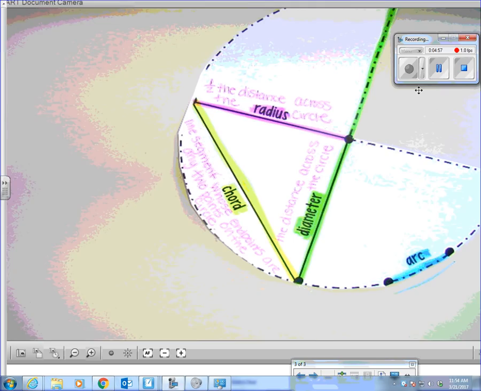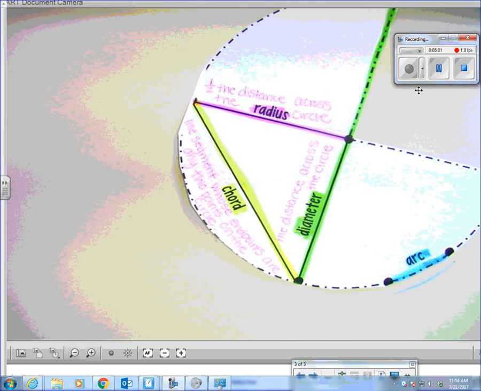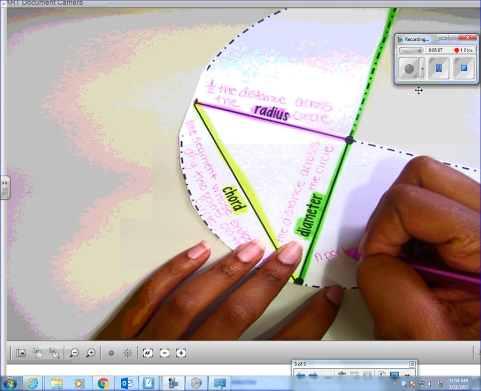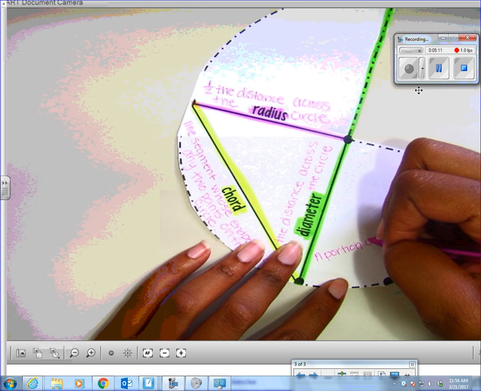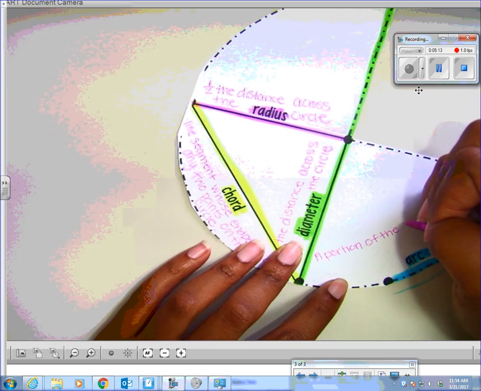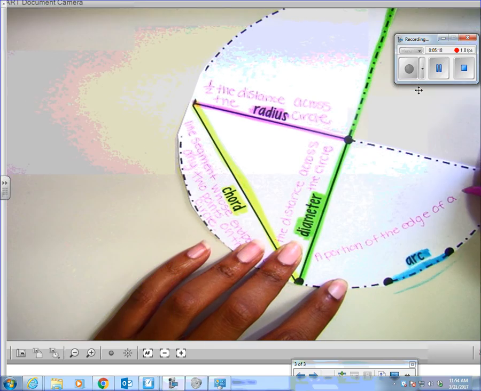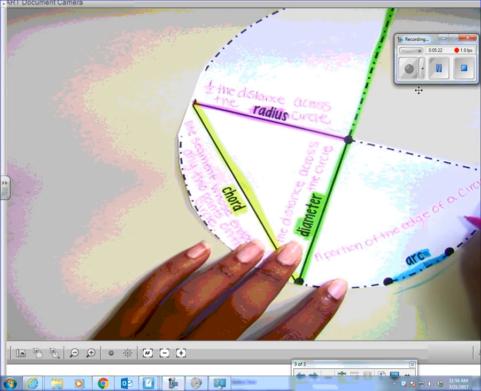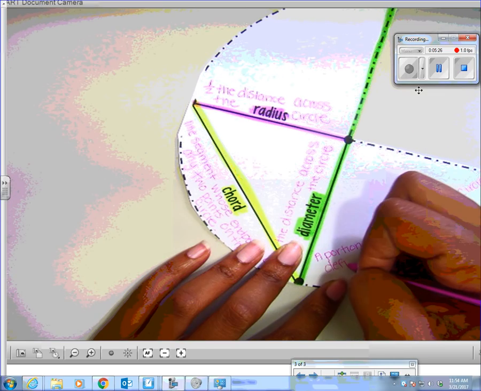And so an arc is a portion of the edge of a circle defined by two endpoints.